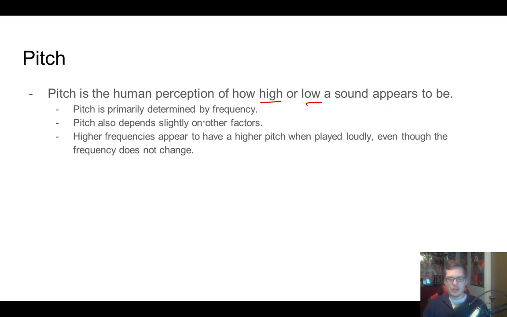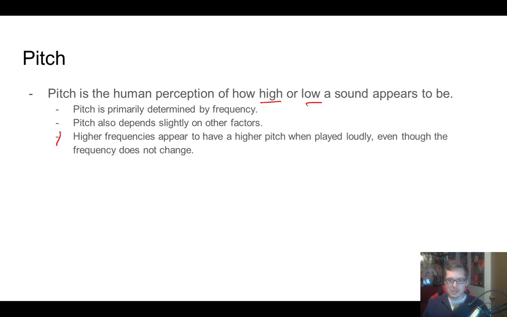Granted, you can't assign it a value unless you practice a lot and develop perfect pitch, but your ear can tell what frequency it is purely based on, oh, that sounds like a higher note, that must be a higher frequency. Primarily your pitch is determined by those things, but it also depends slightly on other factors.